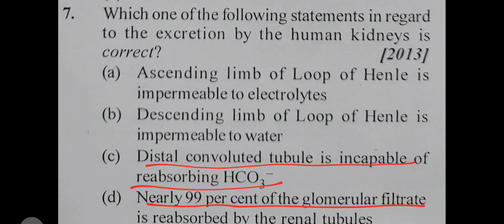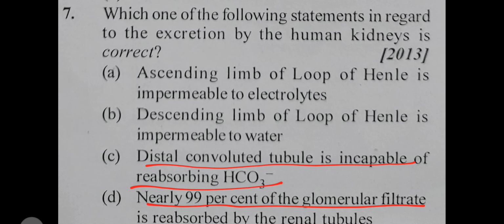Yes, whatever filtrate is formed by the glomerulus, about 99% of that filtrate is again reabsorbed into the blood. The excess water or ions which are actually required for the body will be reabsorbed into the blood, for balancing of water as well as electrolytes in the blood.